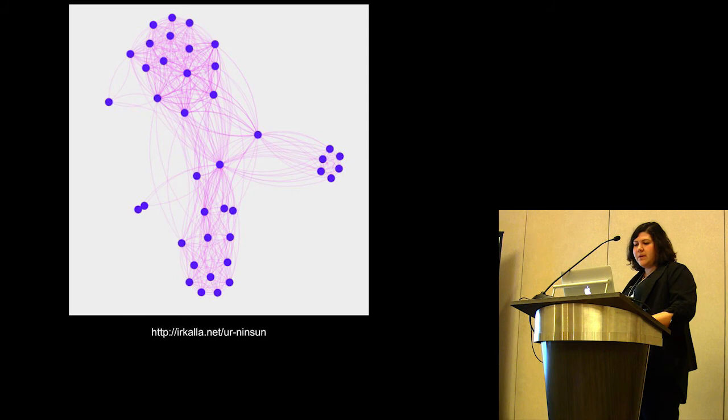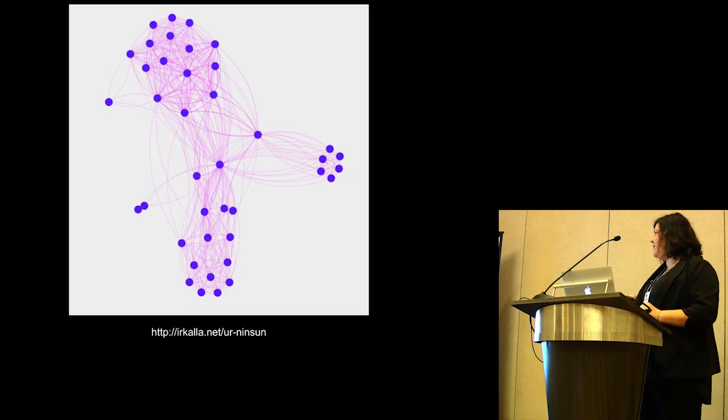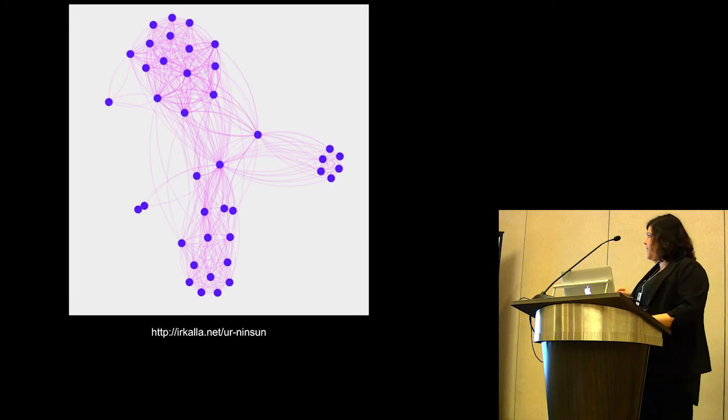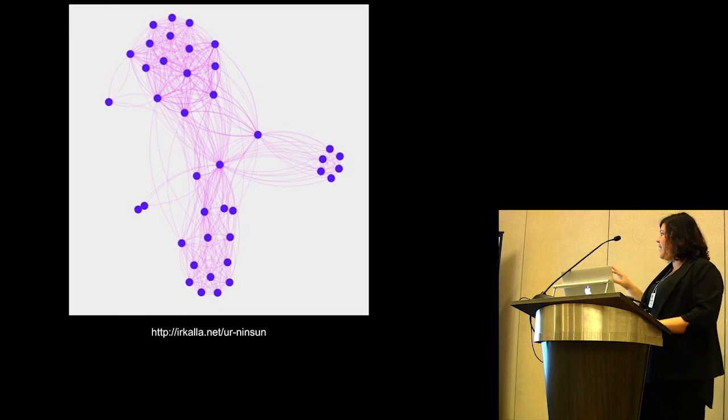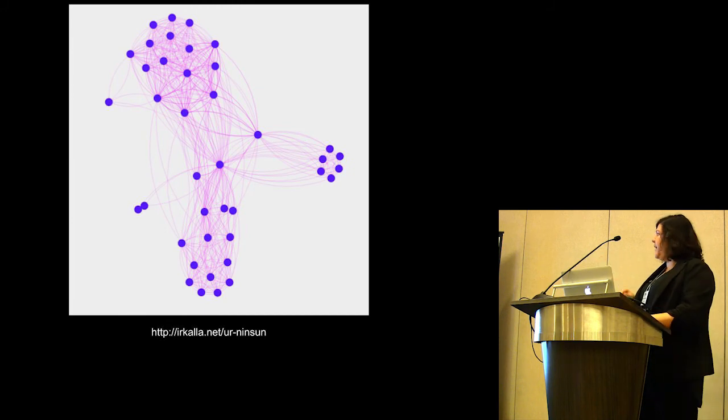So here I'm using a force-directed layout. I haven't applied other methods on it yet. So this is Ur-Ninsun right here. We can see that he's a hub between two different groups. And it also reveals that one of his close collaborators, or someone that occurs often on the texts with him, is also a hub between two different groups.